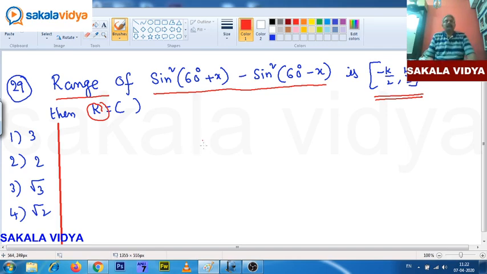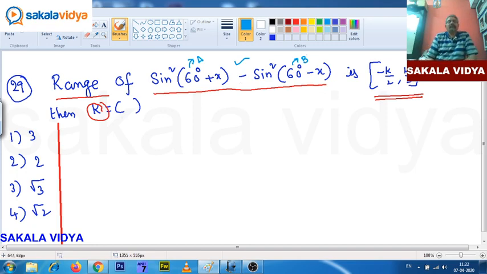Okay. So now if you observe this question, for example, say this is capital A, say this is capital B. It is in the form of sin square A minus sin square B. We have the formula sin square A minus sin square B is equal to sin of A plus B into sin of A minus B. Now we need to make use of that formula.